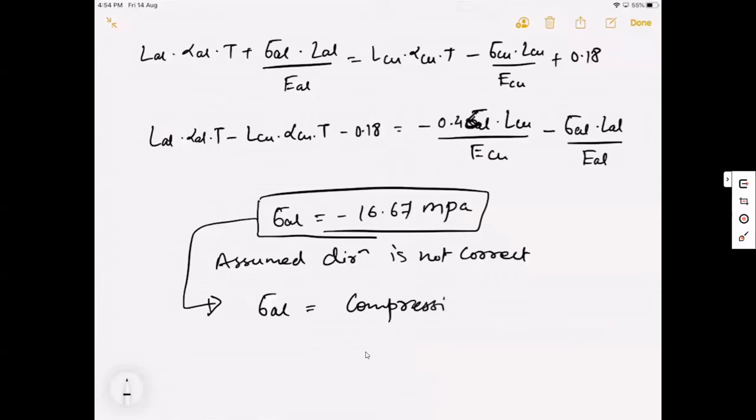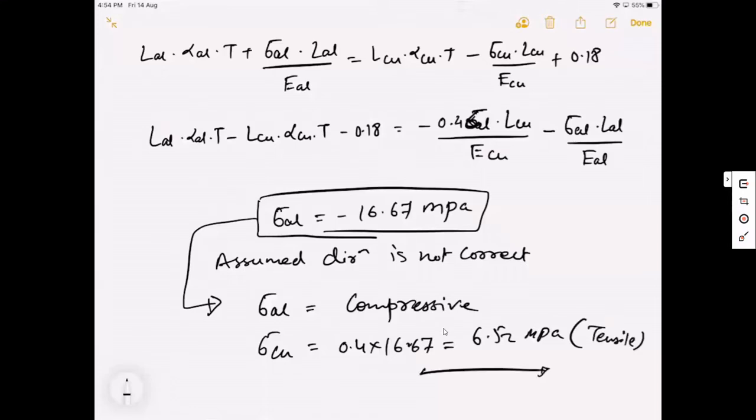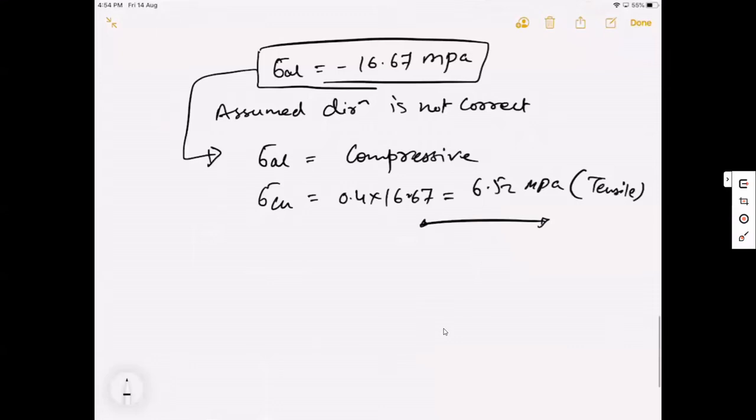And the stress in copper will be equal to 0.4 into 16.67, which is about 6.52 megapascal, and that will be tensile in nature. Okay, so we have solved one question.